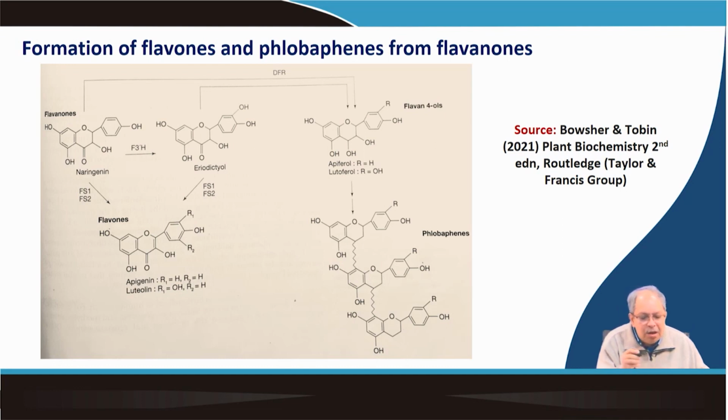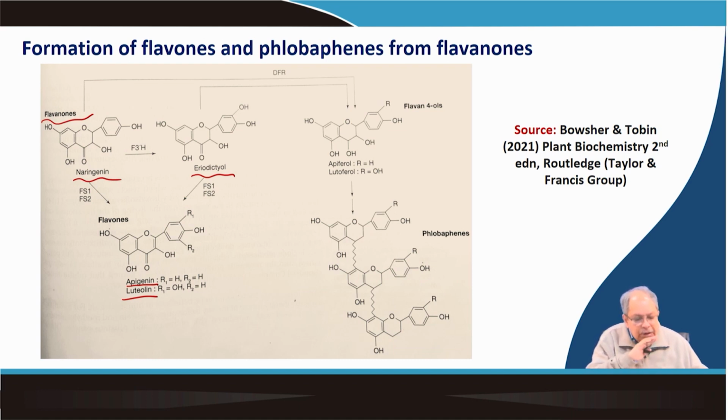So, naringenin and eriodictyol, these are the flavanones. This naringenin or eriodictyol can be used as a substrate for the enzyme called flavone synthase, and it makes either apigenin or luteolin.